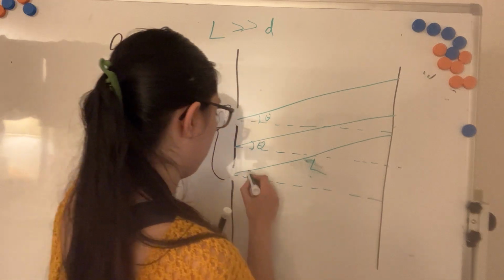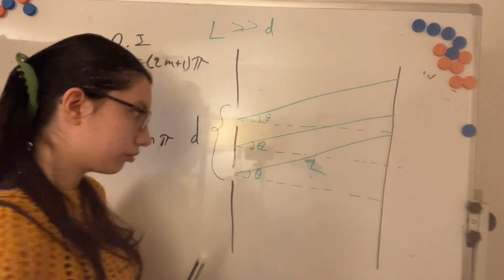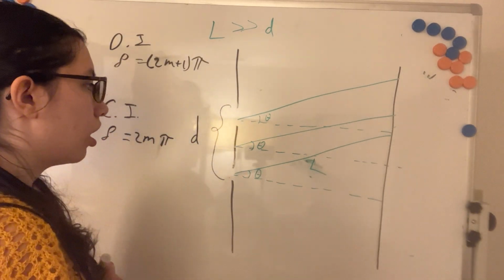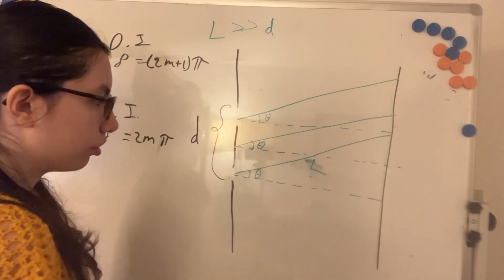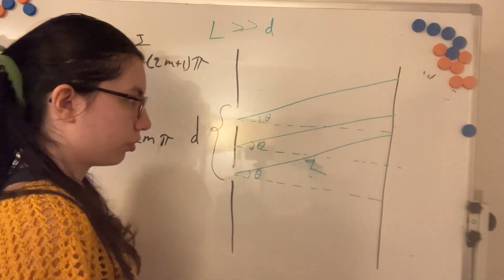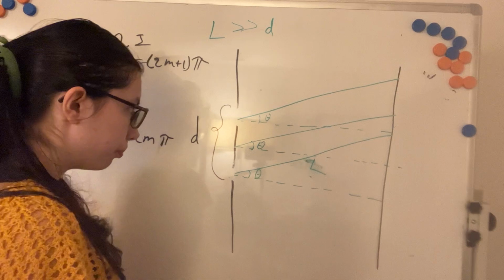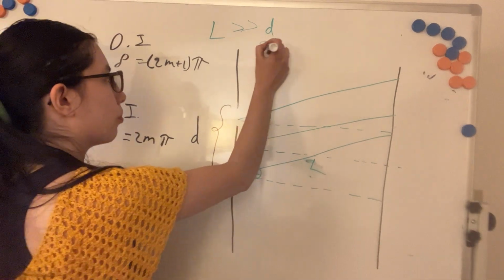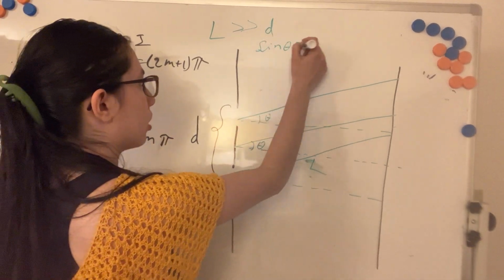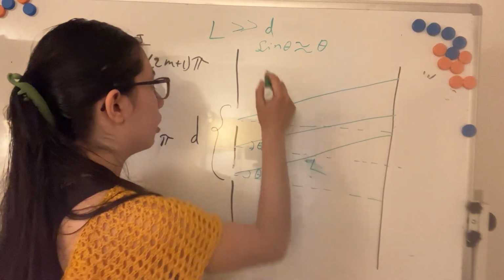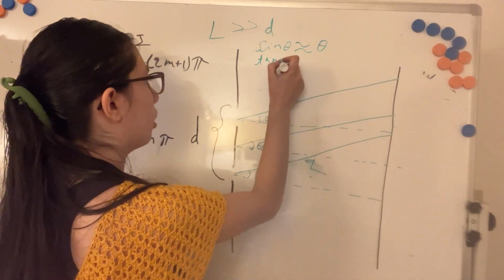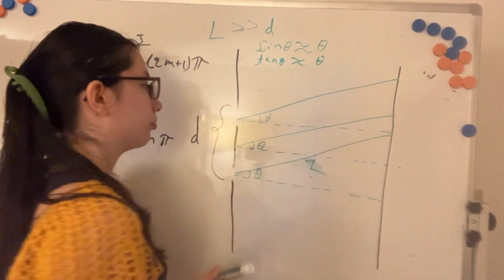This is theta. It's quite the same. So theta would be very small, and we could use the small angle approximation. Remember, in the small angle approximation, sine theta is approximately theta, and tangent theta is approximately theta.